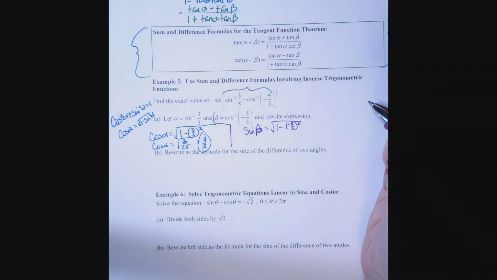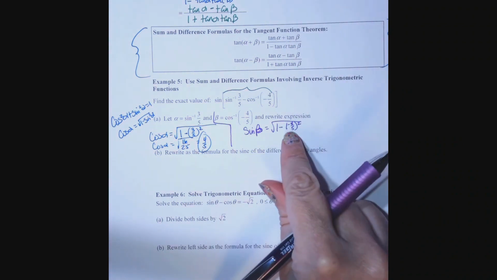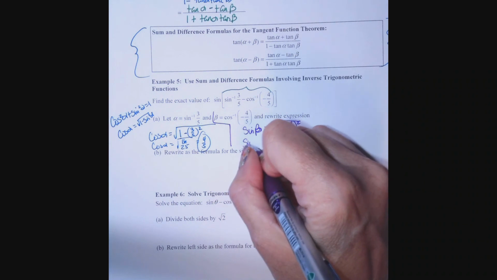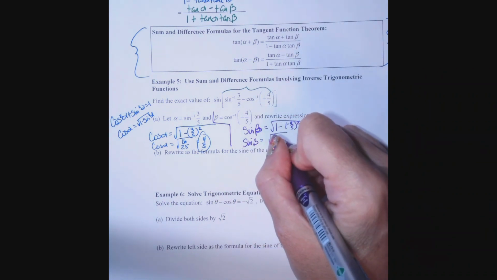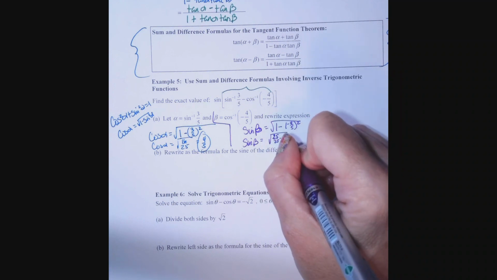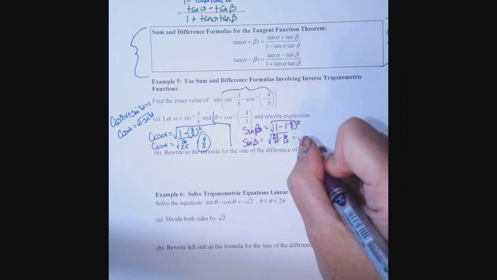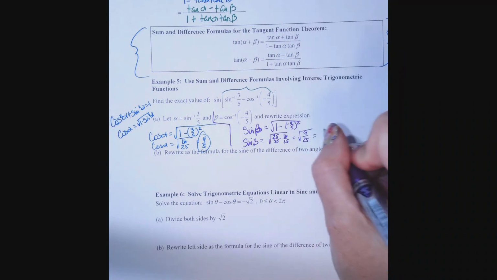Well, negative 4/5 squared is 16/25. And 1 minus 16/25 is 9/25, which is 3/5. So there's my sine beta.